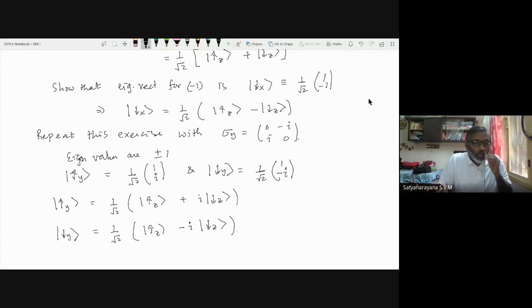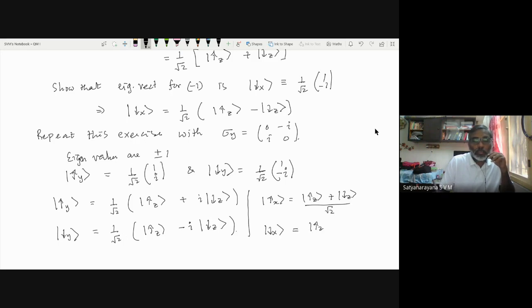Now I want you to take a look at this. Maybe let me write down here so that you don't have to scroll up. We had already written earlier that up x is equal to up z plus down z divided by root 2, and down x is equal to up z minus down z divided by root 2.